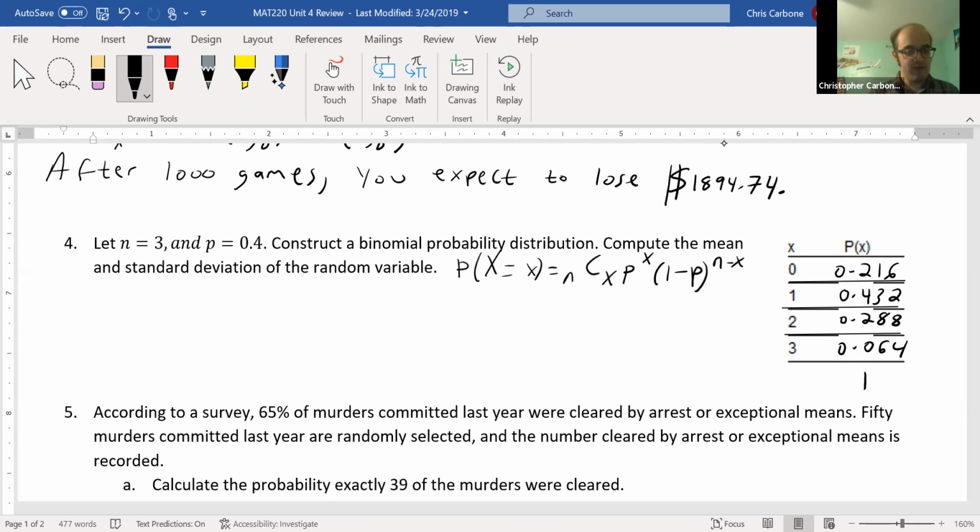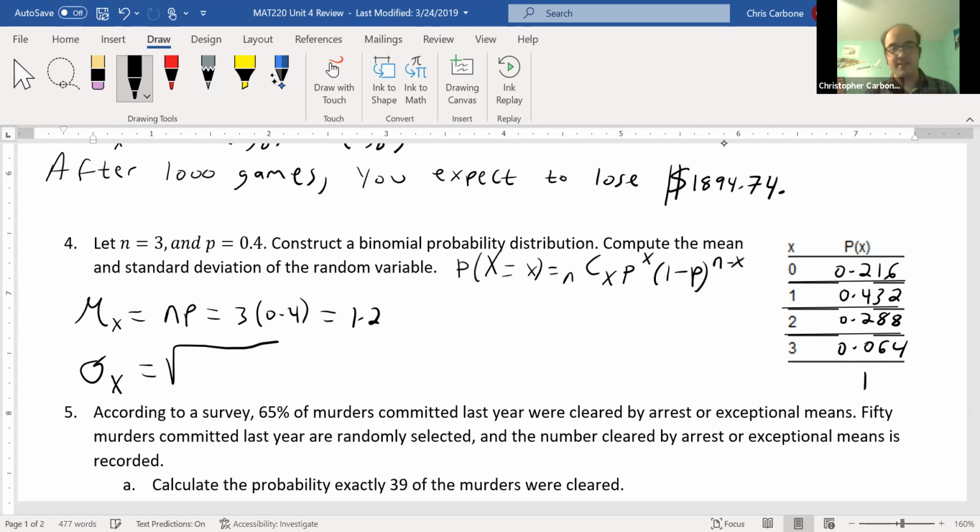So for the mean of this discrete random variable, this is just n times p. 3 times 0.4, this would give us a value of 1.2. The standard deviation of this discrete binomial random variable is the square root of n times p times 1 minus p.